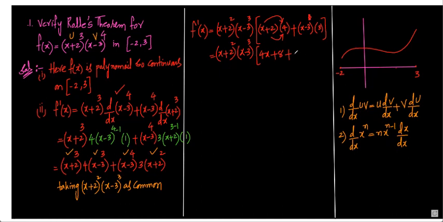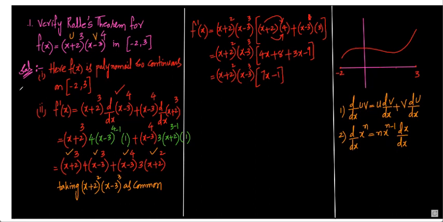So 3 into x is 3x minus 3 threes are 9. If you simplify further, x plus 2 whole to the power of 2 into x minus 3 whole to the power of 3 into 4x plus 3x is 7x, minus 9 plus 8 is minus 1. So we are getting some answer.